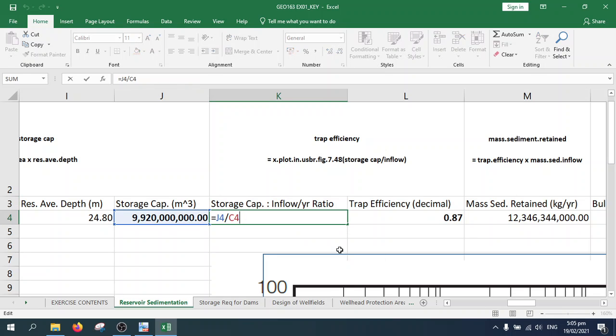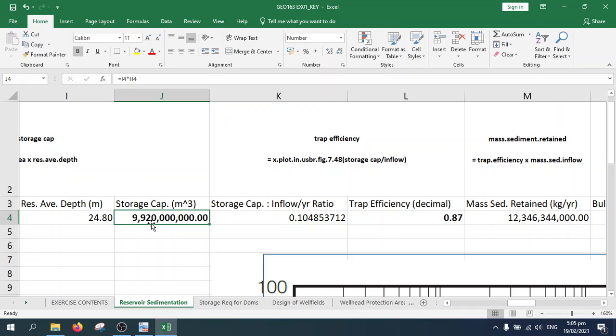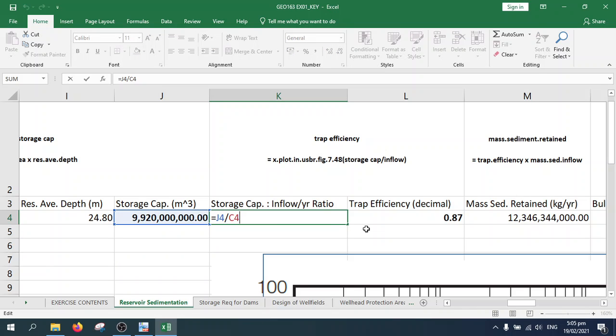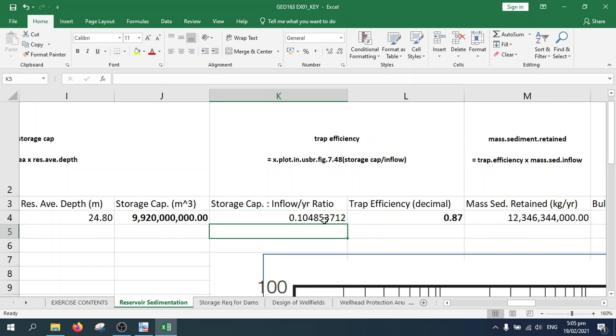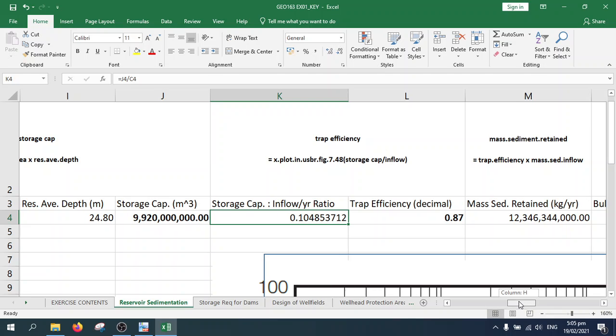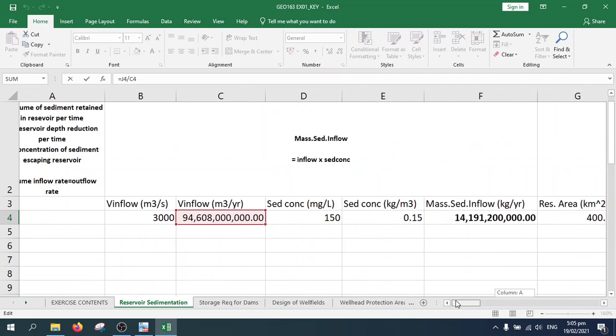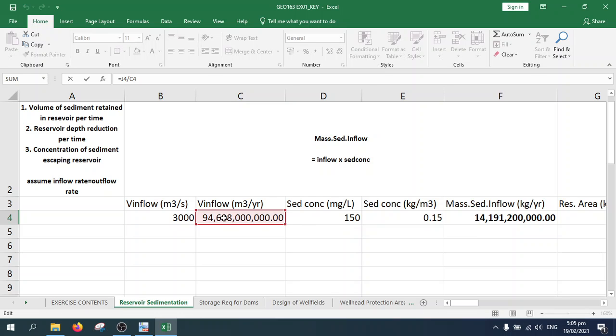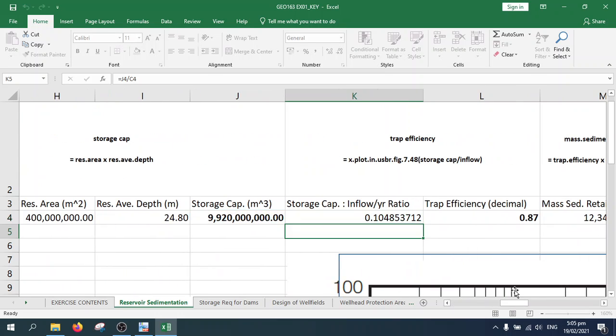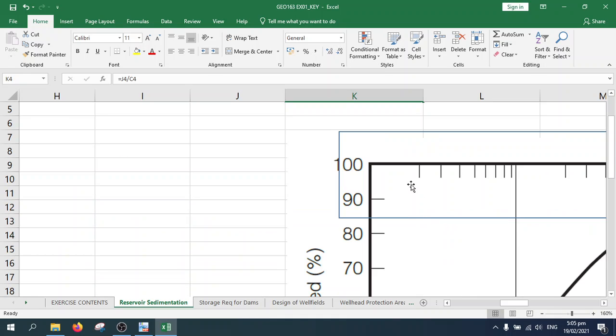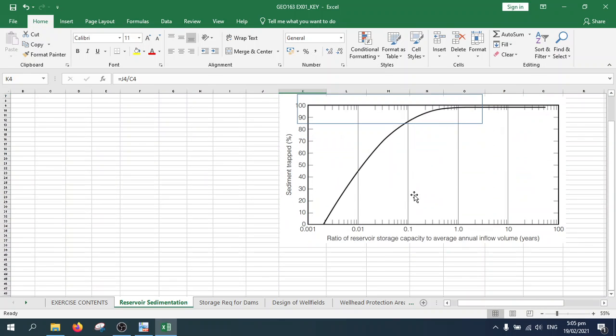So we have the storage capacity, which is 9.9 billion, and we have a value for the inflow volume per year, which is 94.6 billion. And the ratio is approximately 0.1.